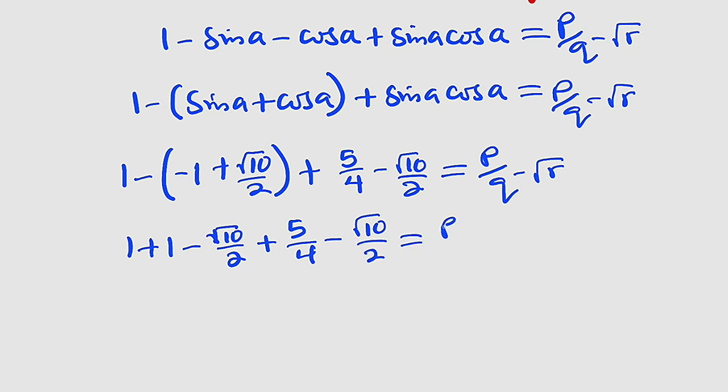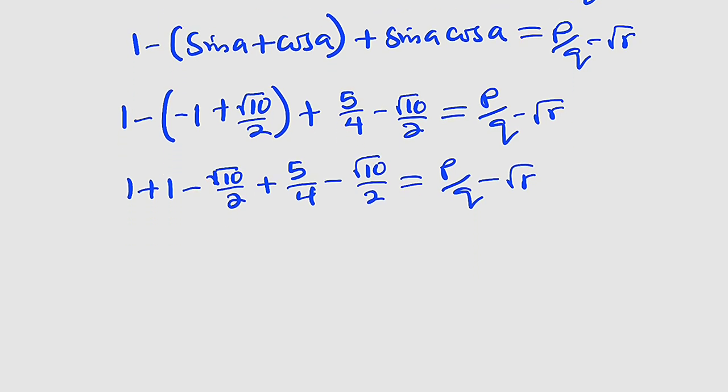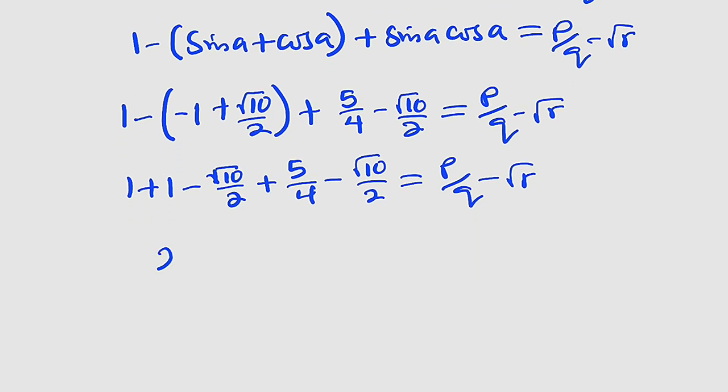This is equal to P divided by Q minus the square root of R. 1 plus 1 is 2. Then this and this together we have minus 2 of that. And the 2 in the denominator will cancel. We have only minus root 10. Right? Then 5 divided by 4 here, everything equal to P divided by Q minus square root of R.